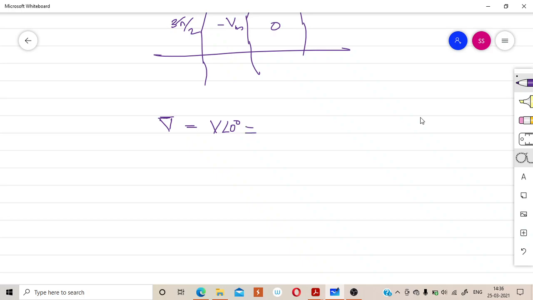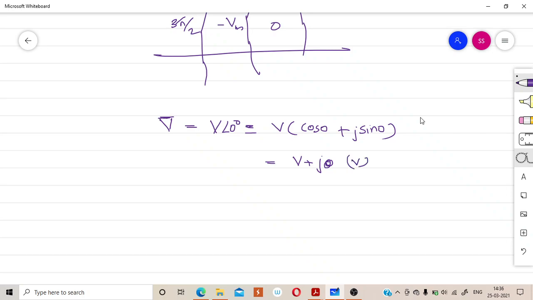I can convert this polar form into rectangular form, that means R into cos theta plus j sin theta. That means V into cos 0 plus j sin 0, equal to V plus j0 volt.